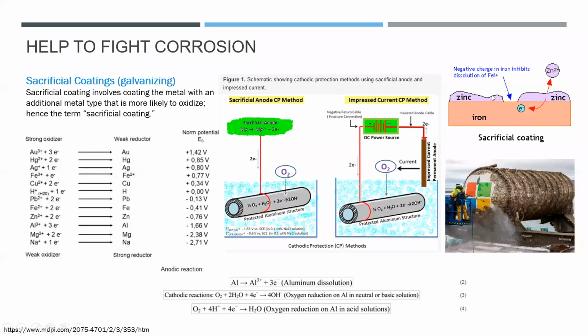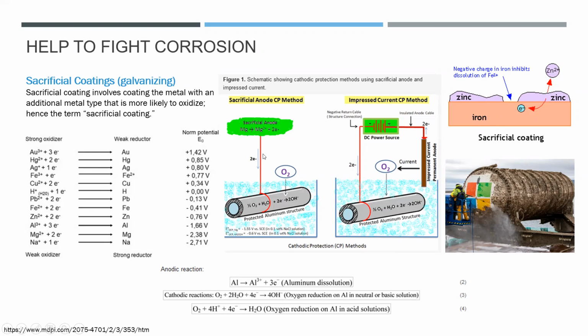If we put zinc as a cover on the iron, the zinc loses electrons more easily, so zinc easily forms Zn2+. The electrons which the iron would lose are lost by the zinc. So they sacrifice the zinc to protect the iron.